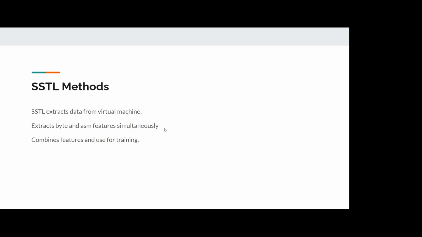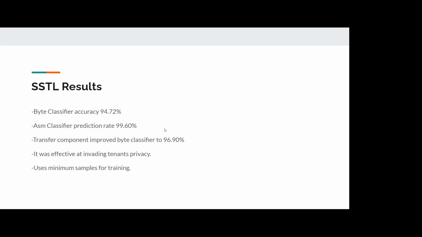There's a potential attack that hackers have learned, where if they figure out that it's using these classifiers, they can try to trick them into making mistakes or learning things incorrectly. So in the semi-supervised transfer model, the byte classifier had an accuracy of 94.72%, while the assembly classifier had a prediction rate of 99.6%.